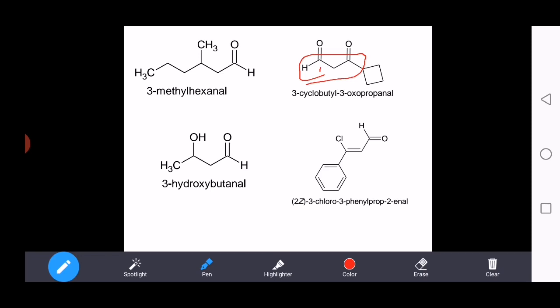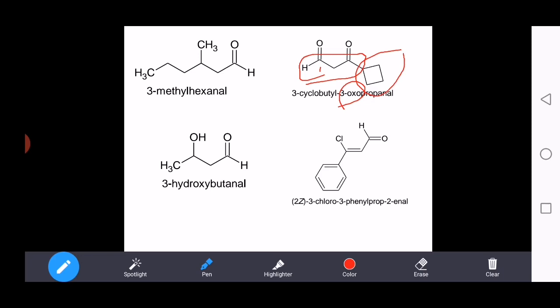So we get propanal. This one is always carbon number 1, then number 2, and at carbon number 3 there is a double bond O. Ketone as a substituent is called oxo. That's why we get 3-oxo. And at the third carbon there is also cyclobutane. As a substituent, it becomes cyclobutyl.